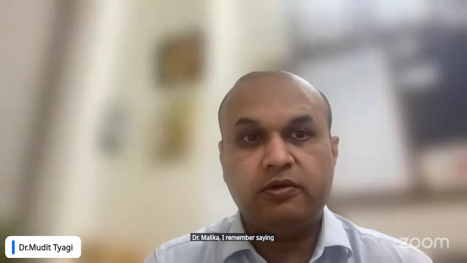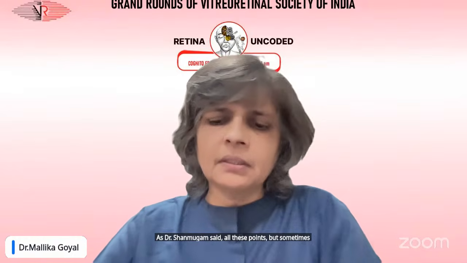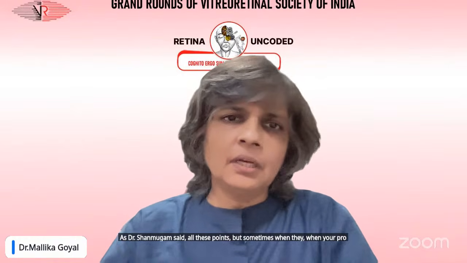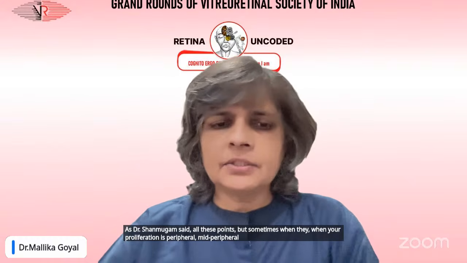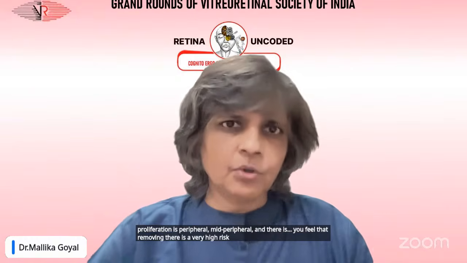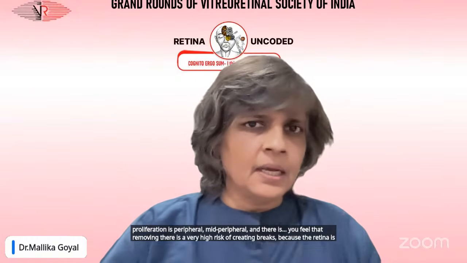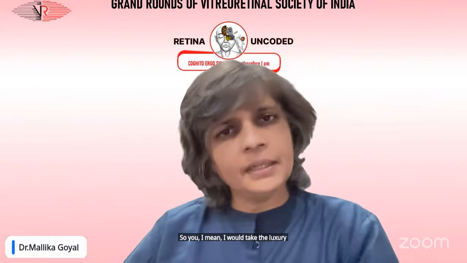Dr. Mallika, ma'am was saying something. As Dr. Shanmugam said, all these points, but sometimes when your proliferation is peripheral or mid-peripheral and you feel that removing it carries a very high risk of creating breaks, because the retina is very thin and ischemic, I would take the luxury of probably leaving it.